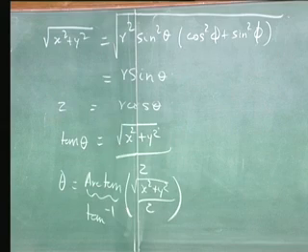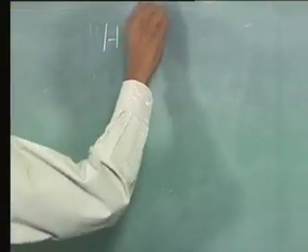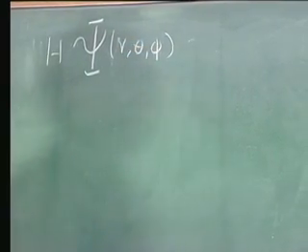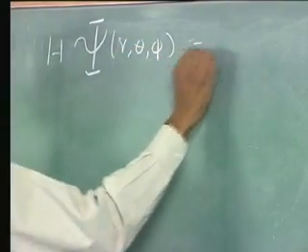The Hamiltonian H psi, now psi is expressed in terms of r, theta and phi. H psi is equal to E psi.